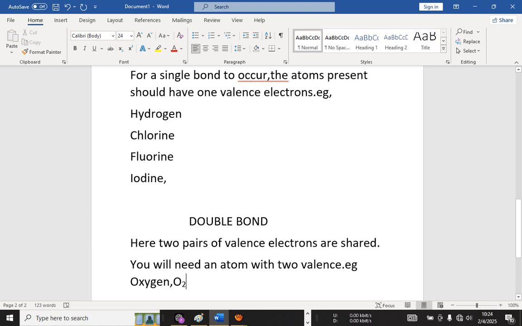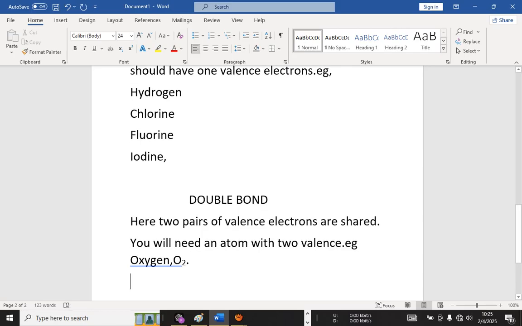Now this is what you should know: oxygen has a valence of 2, but remember we are dealing with two oxygen atoms, because oxygen also exists as a molecule. So here we shall have two oxygen atoms.